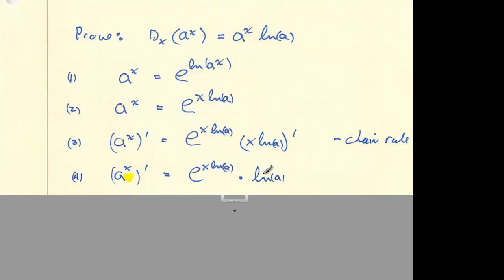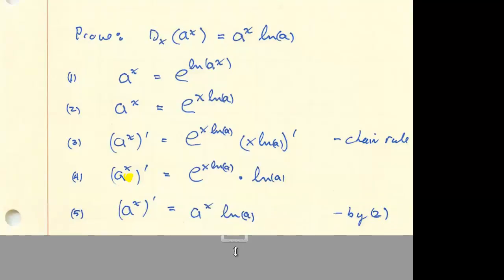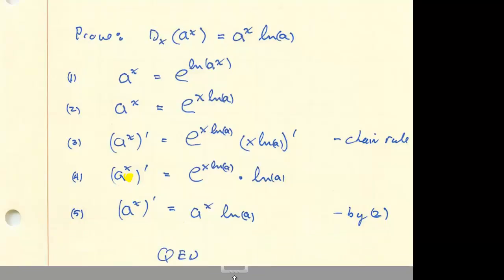And then the only thing left to do is to show that this e to the x ln of a can be replaced with a to the x. And of course it is just a to the x, because you can see now in step 2 it is a to the x. Therefore the derivative of a to the x is a to the x ln of a, QED.